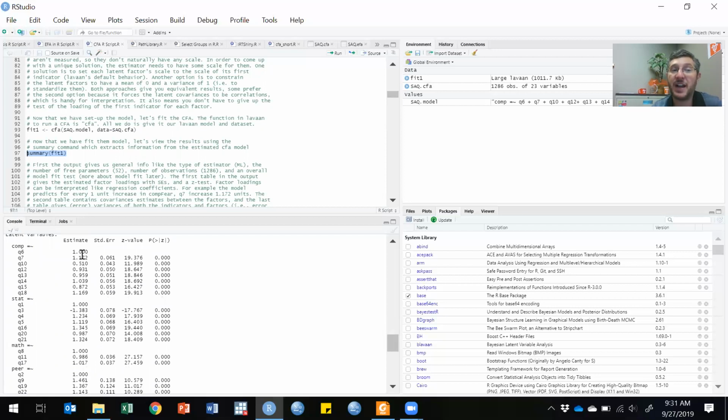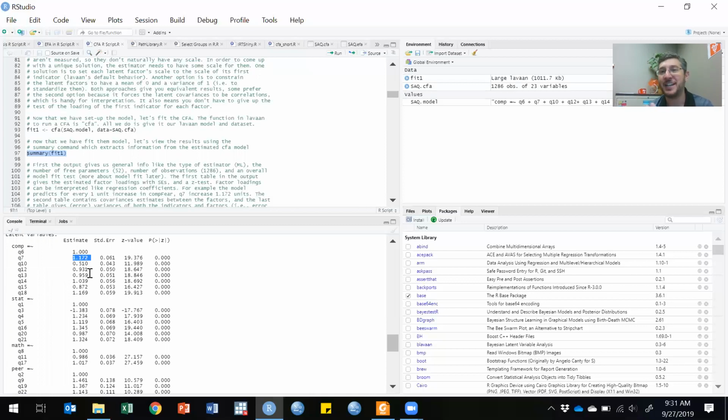It gives you here your factor loadings. Remember, the factor loading for the first indicator for each latent factor was fixed to 1. They call this the marker method, so you can see that happen. Notice you have some factor loadings greater than 1. In EFA, you would be like, whoa, what's going on? Factor loadings can't be greater than 1.